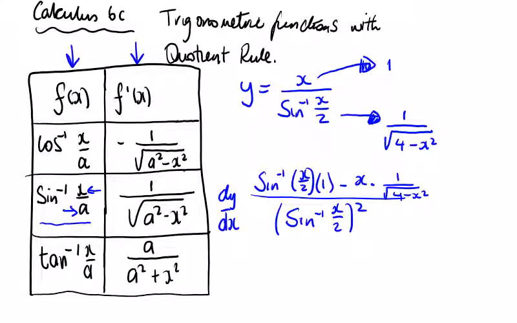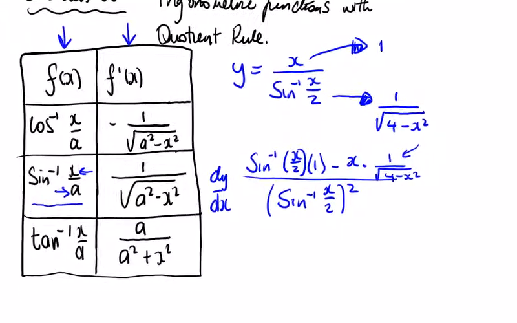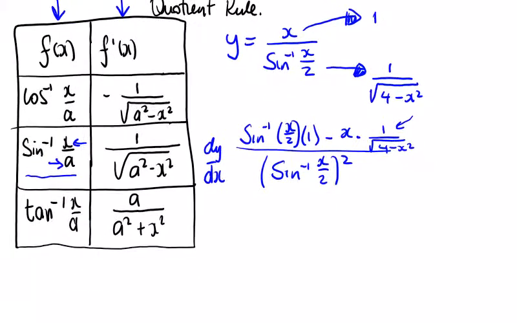So then to tidy this up, we can just put the x on top, or we could multiply everything by the square root of 4 minus x squared.